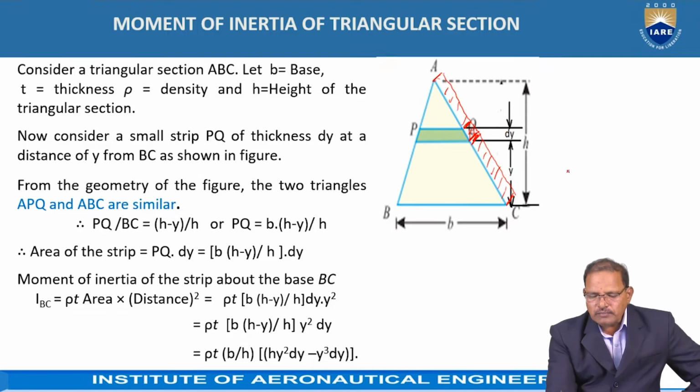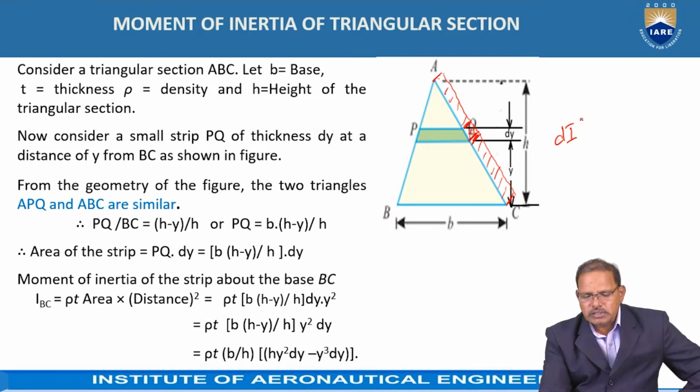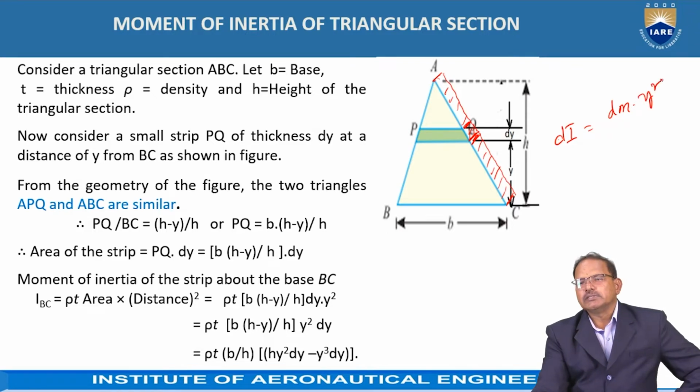I am taking dI, that is the mass moment of inertia of the strip about the line BC, which is equal to the mass of the element, assume dm, multiplied by the square of the distance.